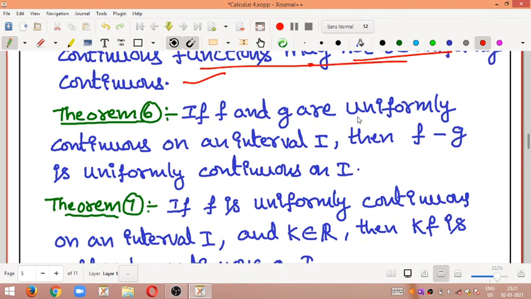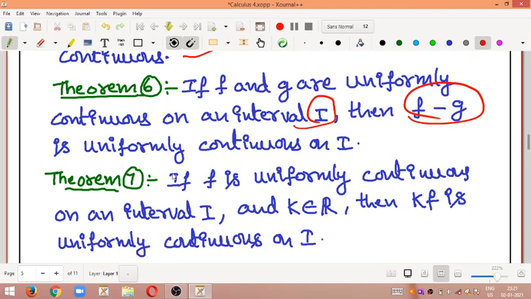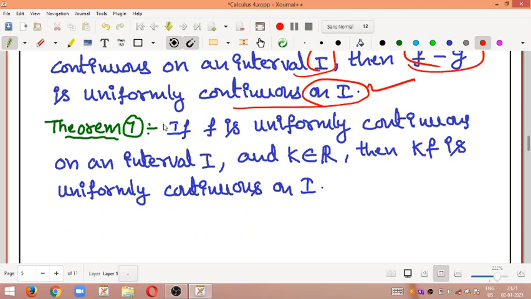If f and g are uniformly continuous on interval I, then their difference f minus g is also uniformly continuous on that interval I. This is the sixth theorem.